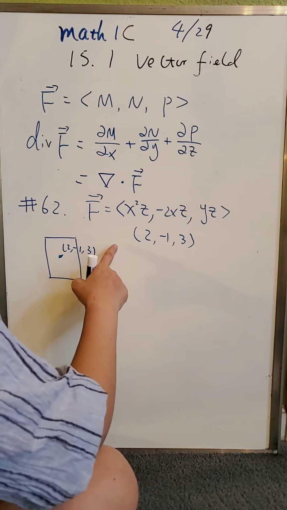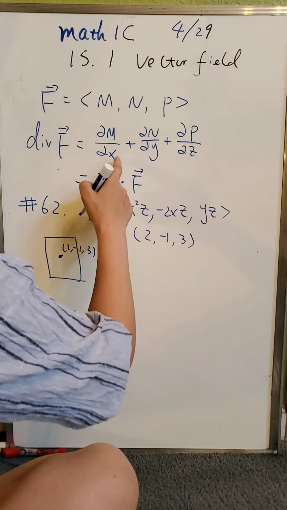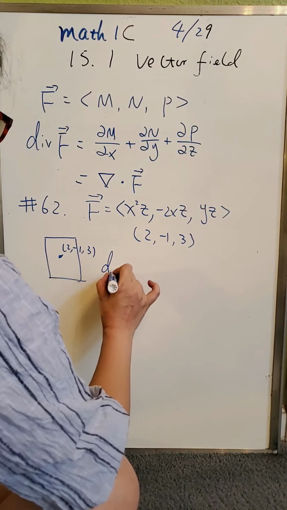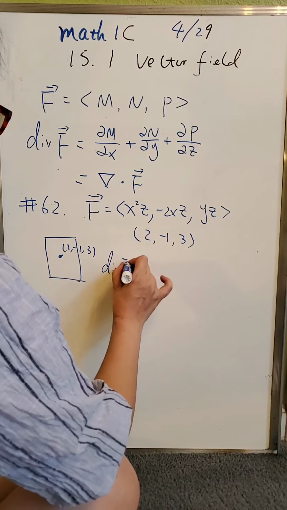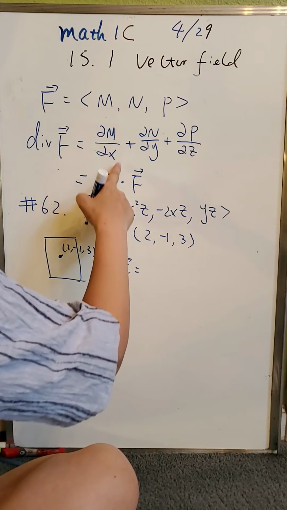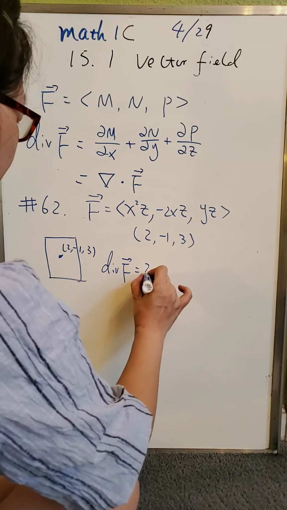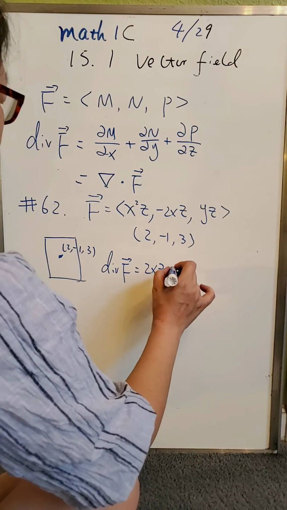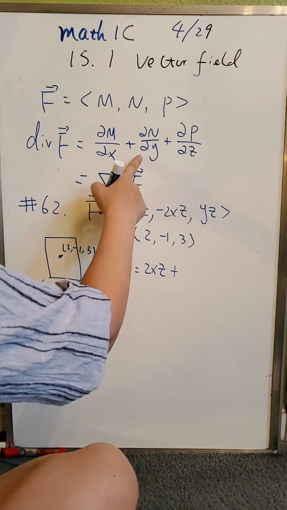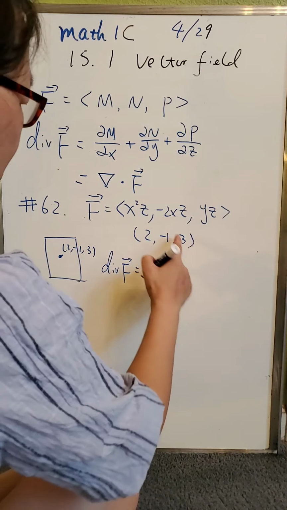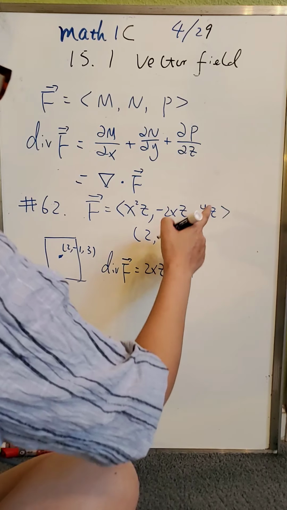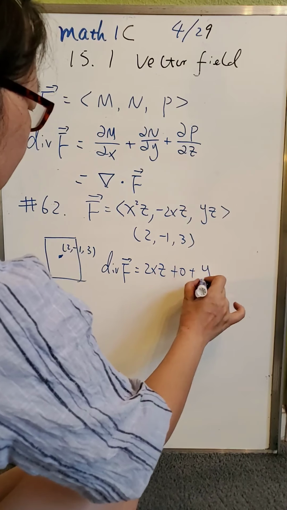So the formula is very straightforward. Divergence of F is equal to del M over del x, so this will be 2xz, plus del N over del y, which is 0 because there's no y here, plus del P over del z, which is y.